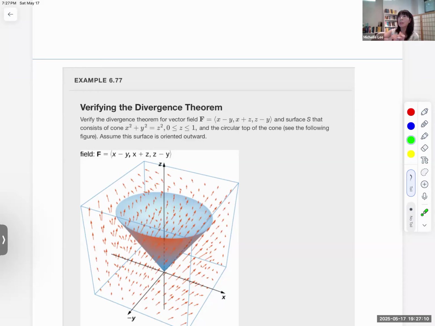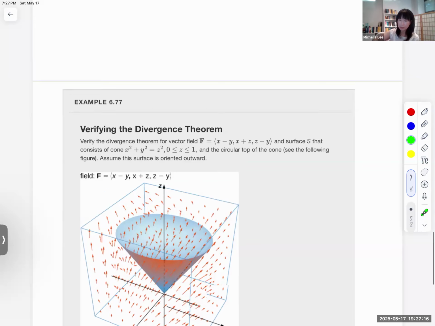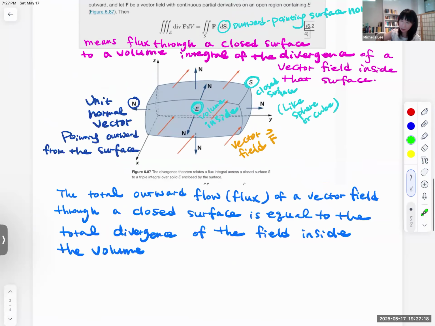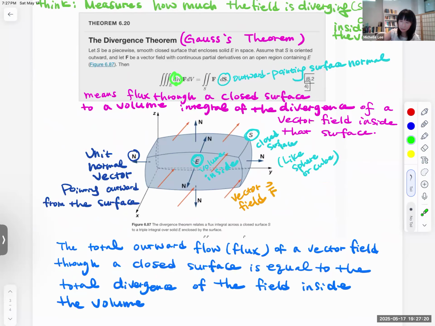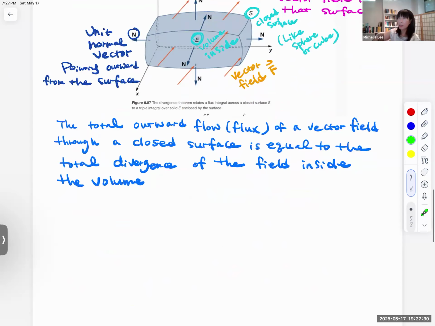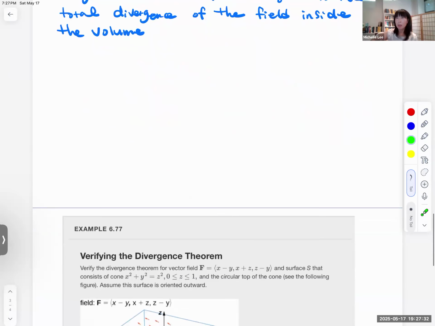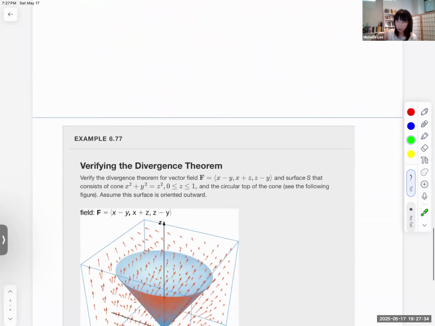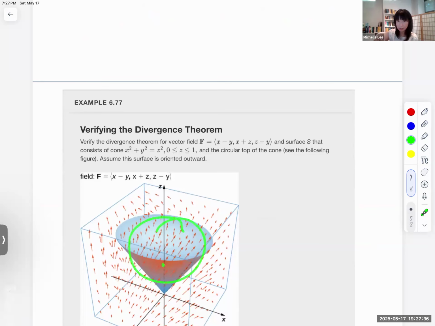Then we are going to use the formula: the triple integral of the divergence of the vector field dV. That means we want to find the volume of the region E, the right circular cone inside.